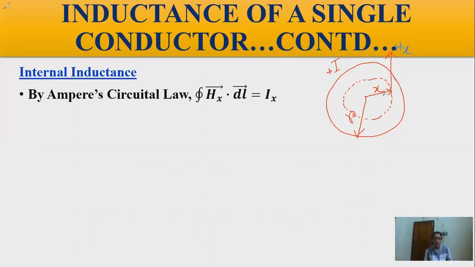Now by Ampere's circuital law, the curve shown by the dotted line is nothing but the Amperian path here. By Ampere's circuital law, the closed line integral of Hx dl will be nothing but Ix, the current enclosed up to the region having the radius x, that is, the current enclosed by this Amperian path or closed path.